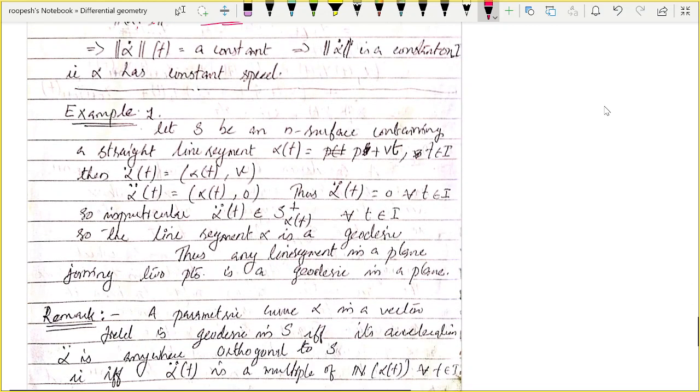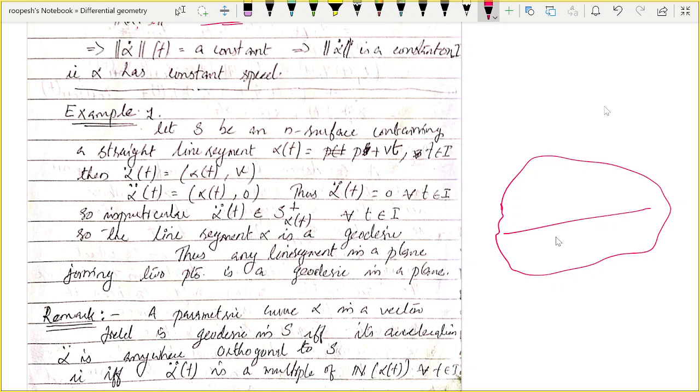Now here is an example. Let S be an n-surface containing a straight line segment. We have a surface, and the straight line segment is given as alpha of t equal to p plus vt. That means it passes through a point P and is parallel to the vector V. Straight line P plus Vt.